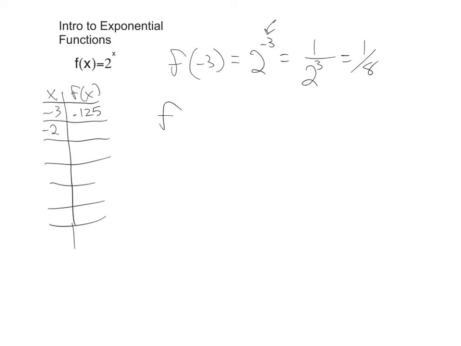Let's plug in -2, so we'll have f of -2. Again, the negative means we take the reciprocal of the base, and the -2 turns into a +2. So we get 1/2 squared, which is 1/4, or 0.25. Notice that as we increase our x value, getting closer to 0, our y value, f of x, is also increasing.